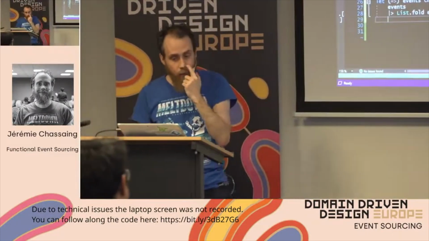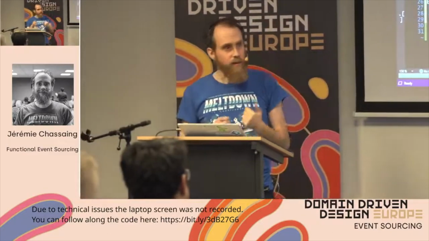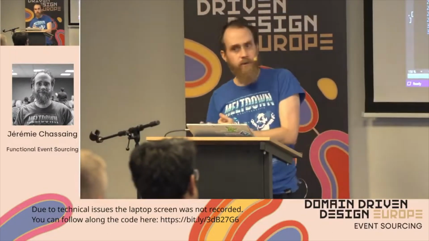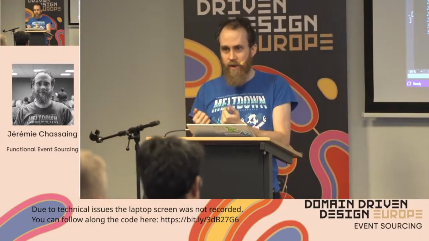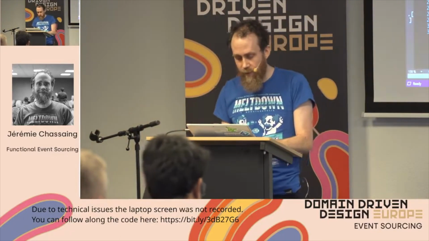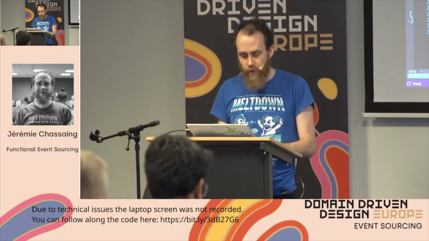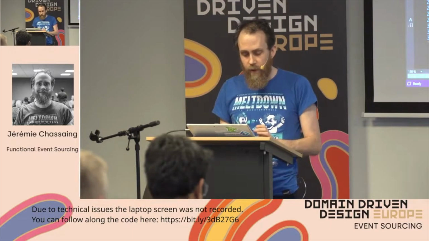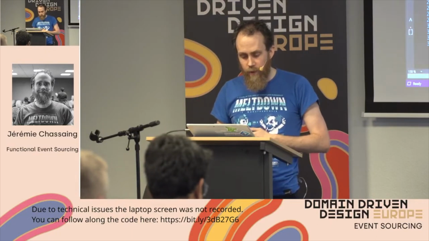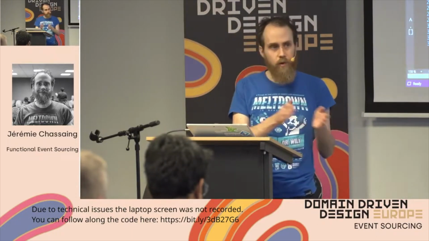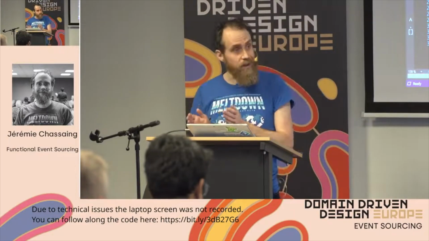Great. So I can take this current state and pass it to my decide function, because the decide function needs a state. The decide function also expects my command, so I will just give my command. The result of this operation is to take an event list on the left and a command on the right, and it will return an event list.